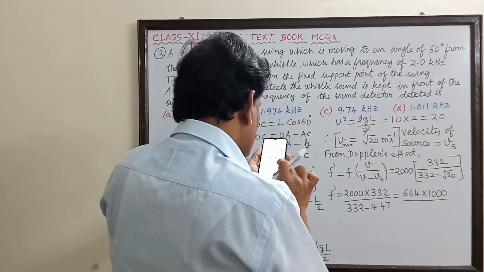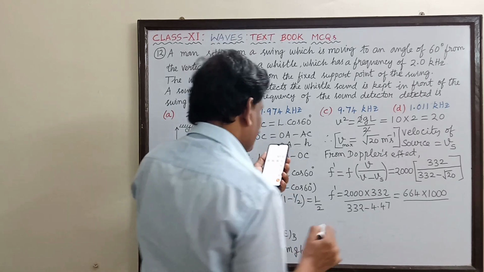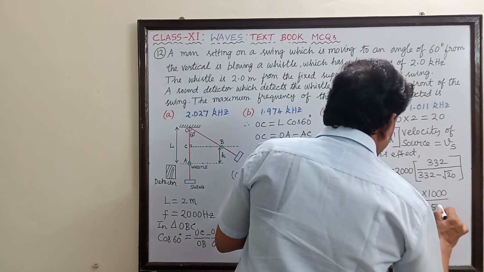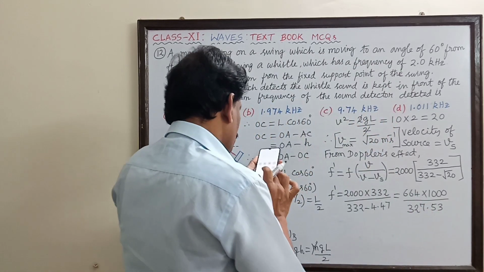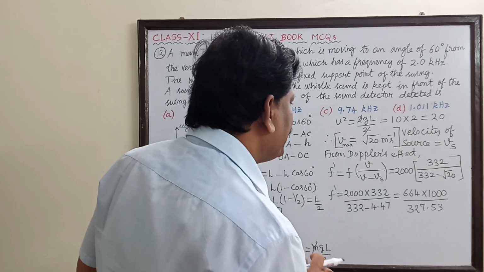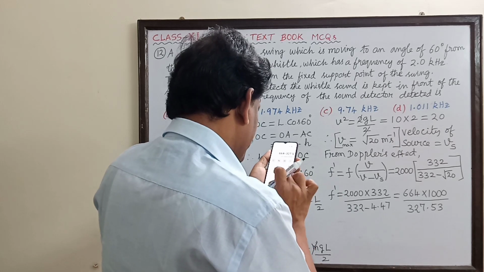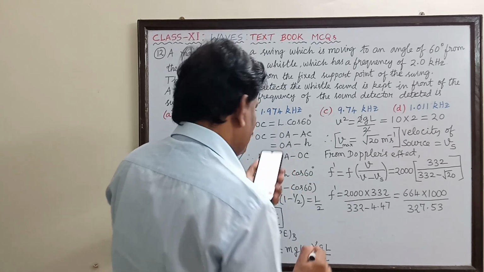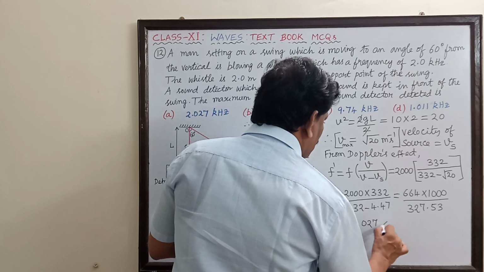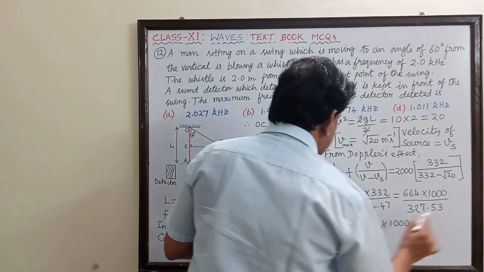So 332 minus 4.47 is coming as 327.53. So 664 divided by 327.53 is coming as 2.027 into 1000, and the unit is hertz.